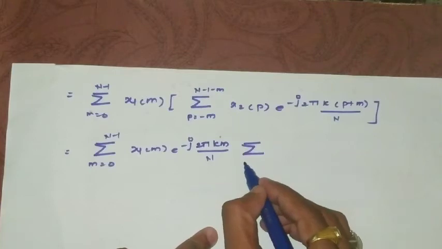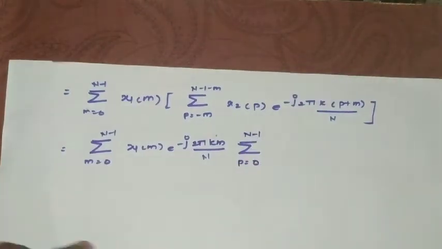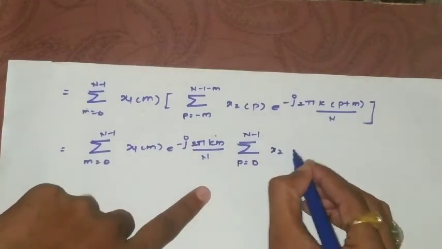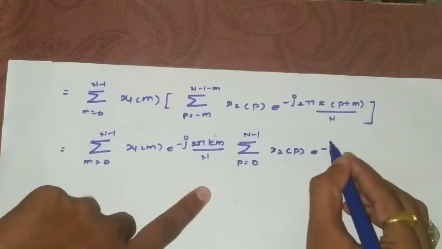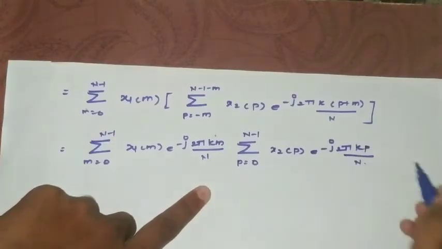So when we rearrange this term, it becomes summation p from 0 to n minus 1. Here the lateral adjustment is quite important. This term as it is, x2 of p into e raised to minus j 2 pi kp divided by N.